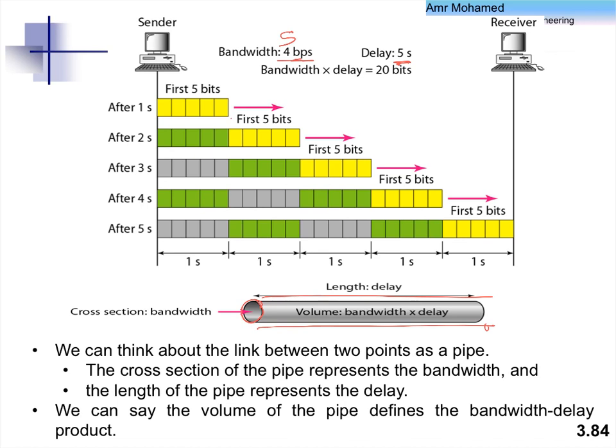So either you have to make this 5, or you make the number of bits that you can send in 1 second 4. So yes, this has to be 5 in order to match. You're right. So 5 times 5 will give you 25 different bits, and these 25 different bits can fill the line, which is what we call the bandwidth delay product. So this bandwidth delay product is also one of the metrics that we can use to calculate the number of bits that can fill the line, or in other words, the volume of the pipe.